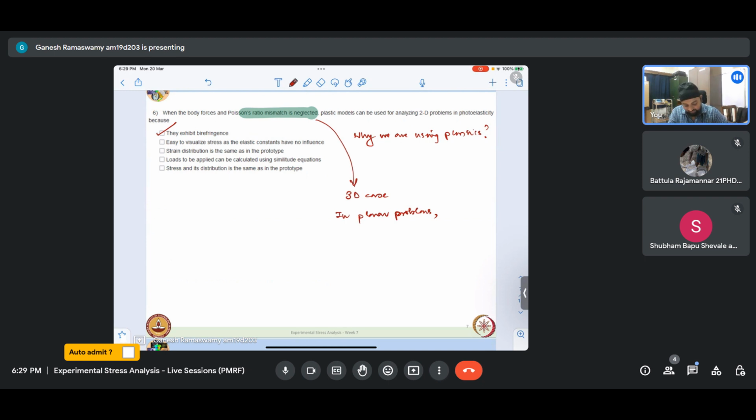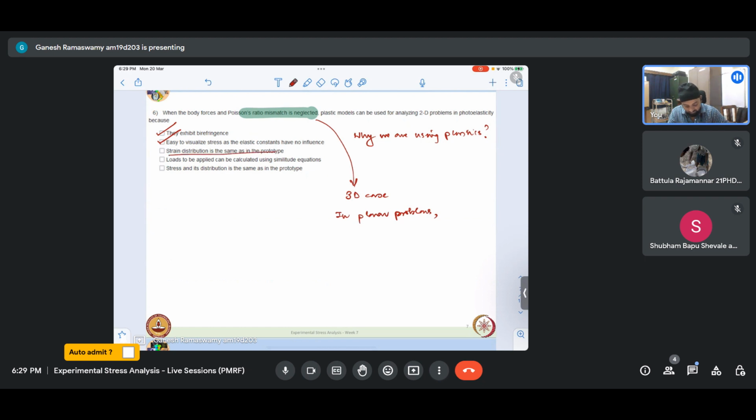So they are easy to visualize as the elastic constants have no influence. So we can easily see what kind of stresses in a similar metallic plate would exist in case the loads are applied. Strain distribution would be same as the prototype.